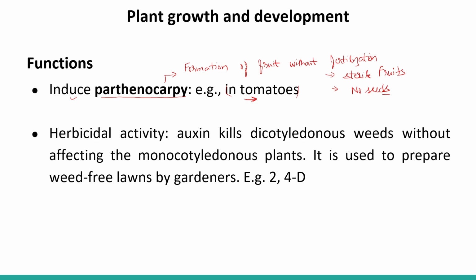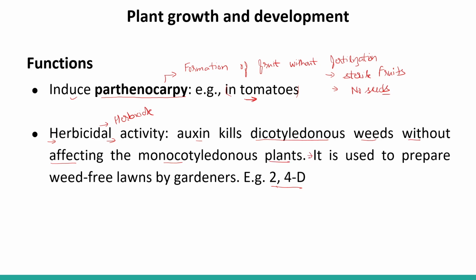Now the next function of auxin is herbicidal activity. This I've already explained. Auxins have herbicidal activity, meaning they can act as herbicides. An example is 2,4-dichlorophenoxyacetic acid, 2,4-D. Auxins usually kill dicotyledonous weeds without affecting the monocotyledonous plant.